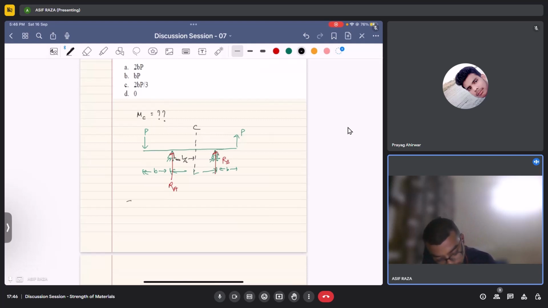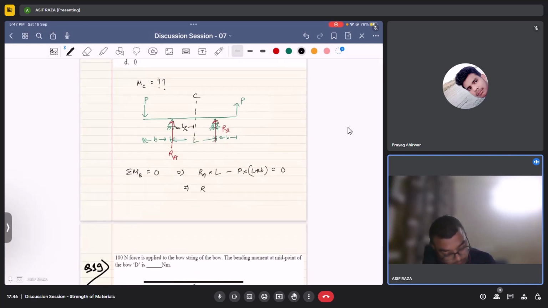Okay, so I'll take moment about B equal to 0. This would give me P into L by 2 plus L plus B, or let's see, RA into L minus P into L plus B equal to 0.